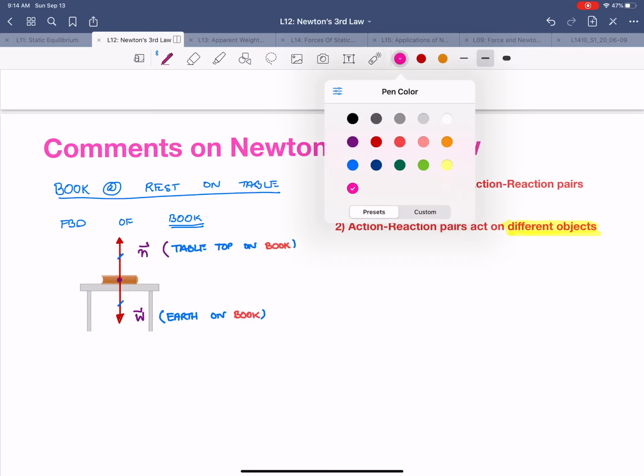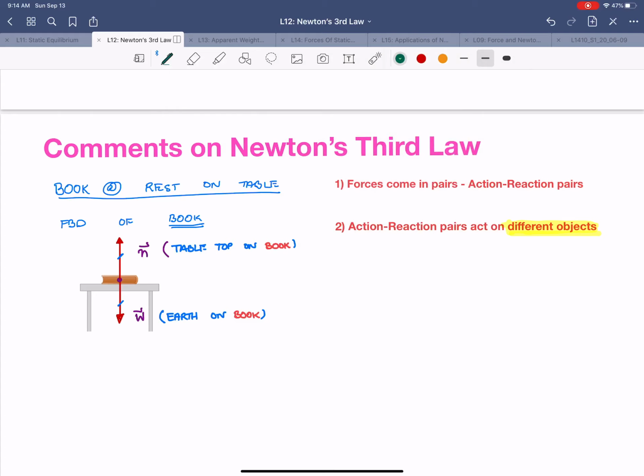So we observe that in this case, W and N are equal in magnitude and opposite in direction, by which I mean in magnitudes these two forces are equal, and exactly opposite in direction.